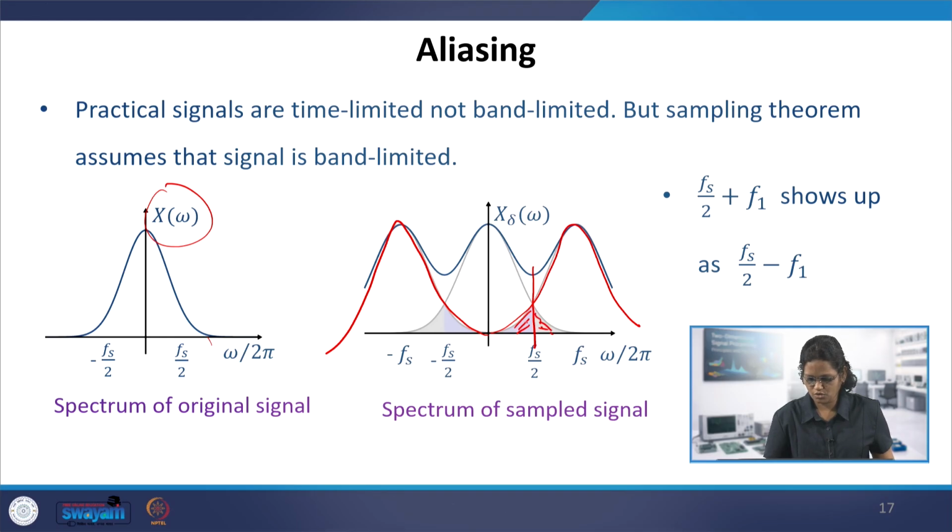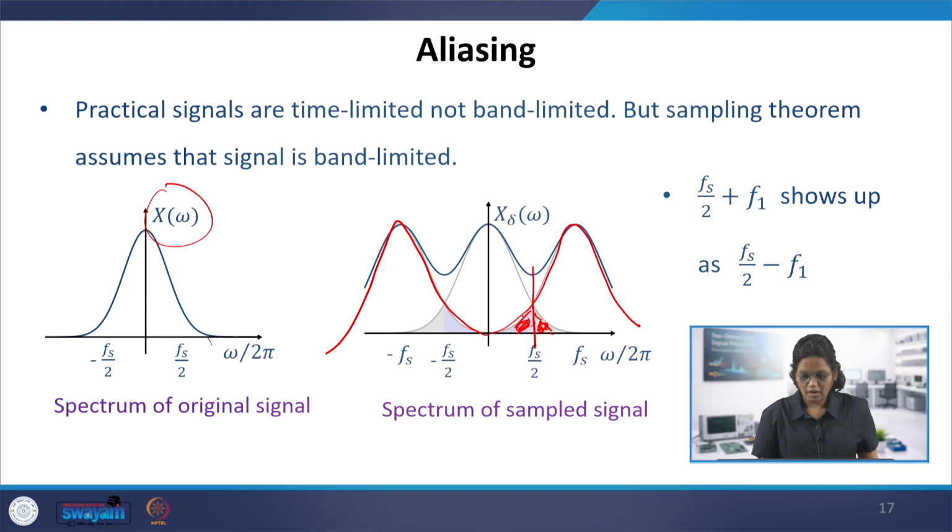So this high frequency component appears as a low frequency component, and you can see there is an overlap between these two components. So aliasing is when a high frequency component appears as a low frequency component. Fs by 2 is this, and we use the filter to remove the higher frequency components. Then fs by 2 plus f1 in this portion and fs by 2 minus f1 in this portion would show up like this.